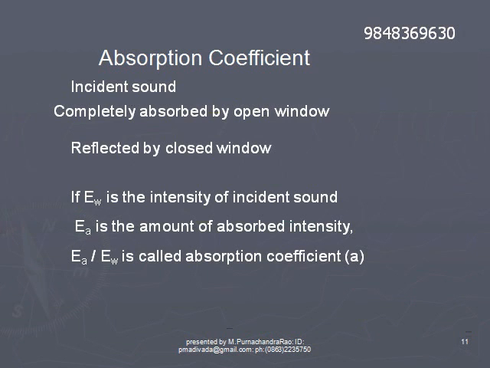Then the ratio EA by EW is called the absorption coefficient, indicated by small a. So it is the ratio of the energy absorbed to the energy incident.